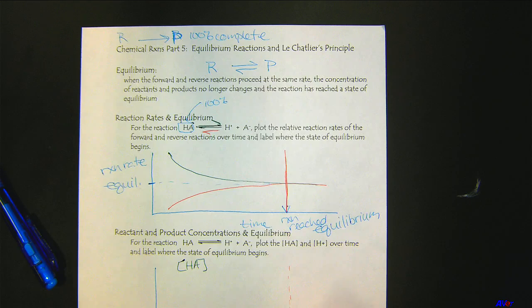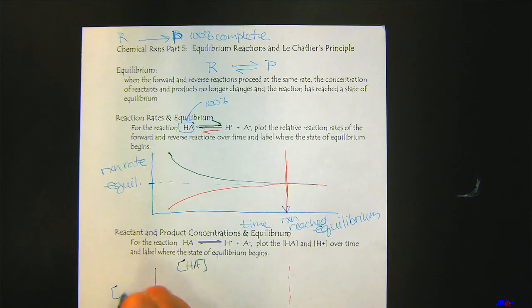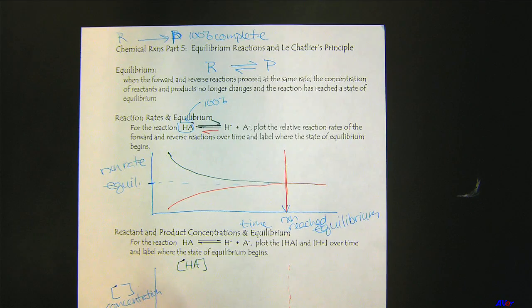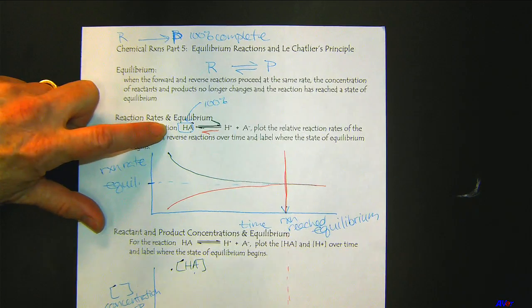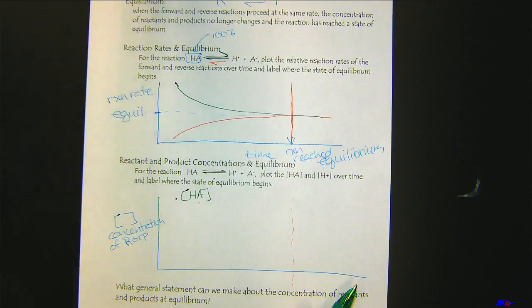Now along our y-axis we'll have the concentration of the reactant or product, whatever we're looking at. Here we're going to look at the reactant. Since we started with pure HA, the concentration was high, and then it decreases.